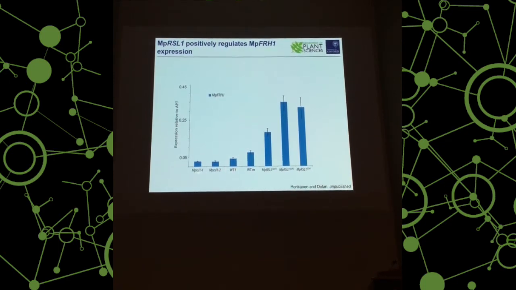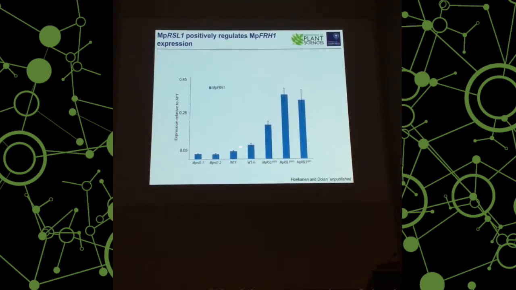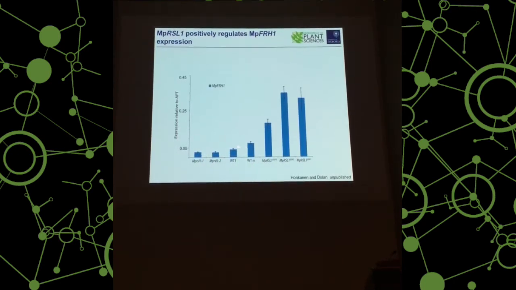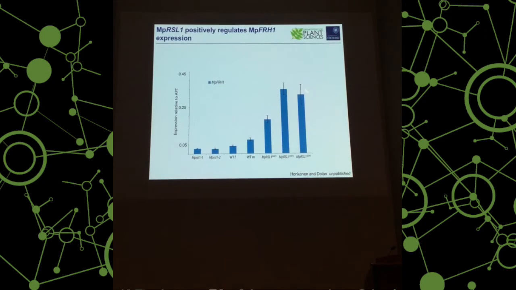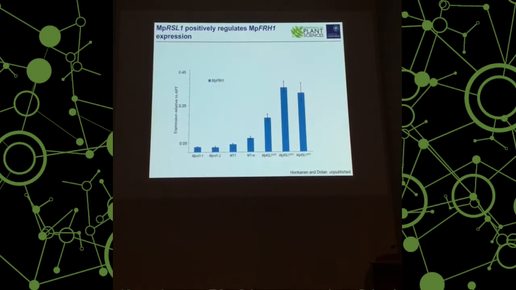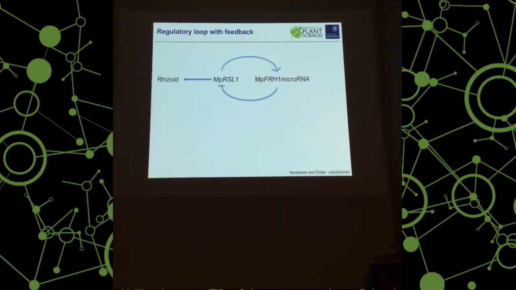Okay, and we find that in the RSL1 and RSL2 complete loss of function alleles, we get a decrease in FRH1 steady state RNA levels compared to wild type, and in the RSL1 gain of function mutants, we've got an elevation in the steady state levels of FRH1 RNA. So this suggests that RSL1 is actually positively regulating the transcription of the negative regulator, its own negative regulator.